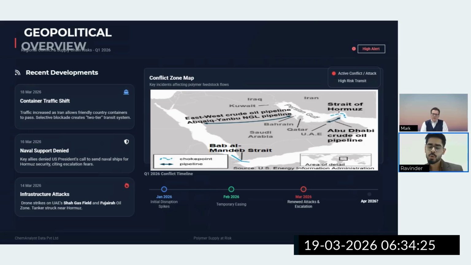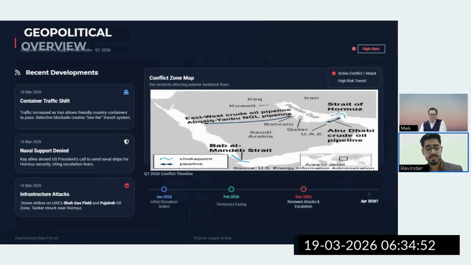Next, most of the countries have denied US President Donald Trump's call on sending naval ships to secure the Strait of Hormuz. Recently, Donald Trump tried to call the presidents of different countries, the allies of the USA, to send naval ships to secure the Strait of Hormuz, but most of the countries have denied so far.